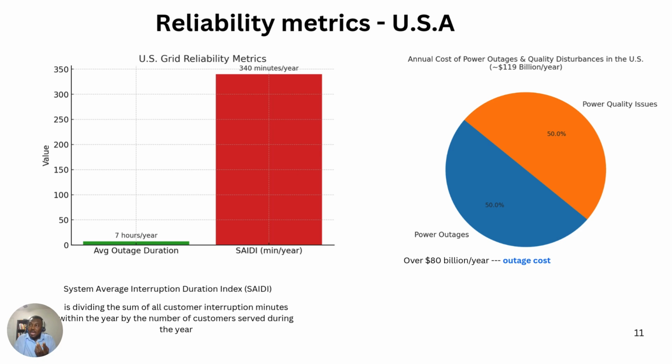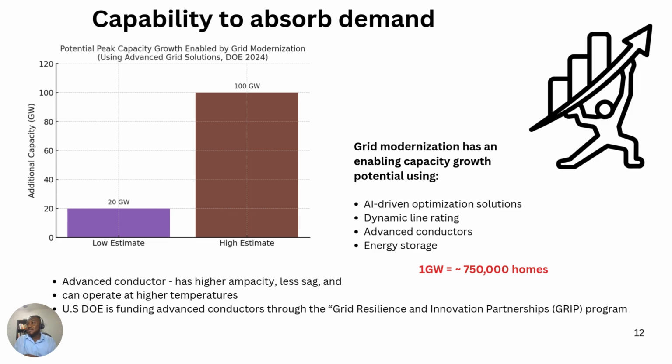So if you lose 4 hours, 24 minus 4 is 20 hours. Those 4 hours that you have lost are lost in energy, which is also lost in revenue. So that's how we are losing if our grid is not very good.